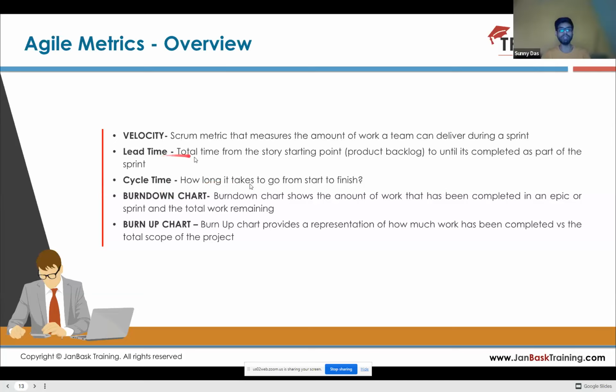Next is lead time. Lead time is the total time from the story starting point until it is completed as part of the sprint. So the time that you are taking to complete a particular story, right? It might happen that you have taken a story in a sprint of, say, 10 days. You start working on that particular story on the 5th day and complete it on the 8th day, right?